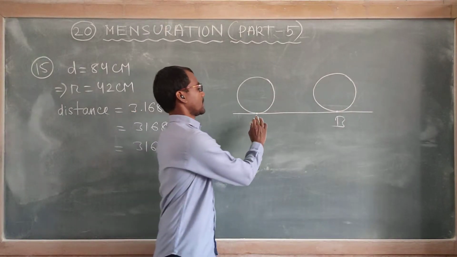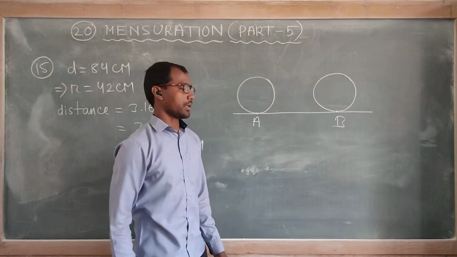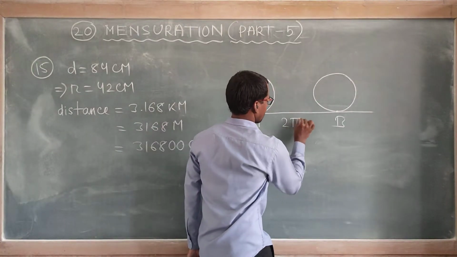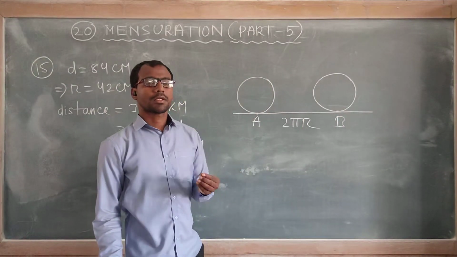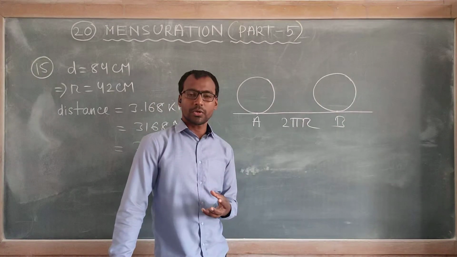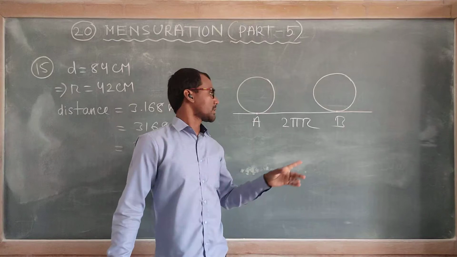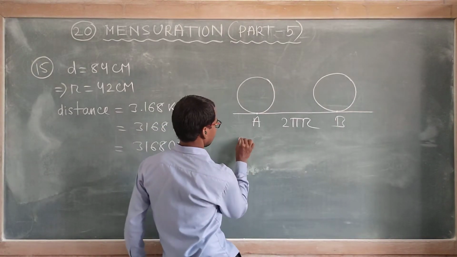Now see, this distance AB is equal to the circumference of the circle, which is 2 pi r. Remember this, the distance travelled by a wheel in one complete revolution is equal to its circumference, which is 2 pi r.